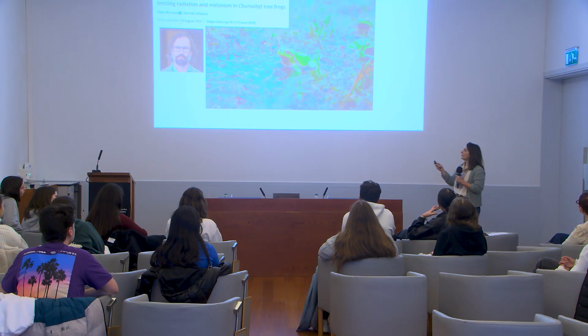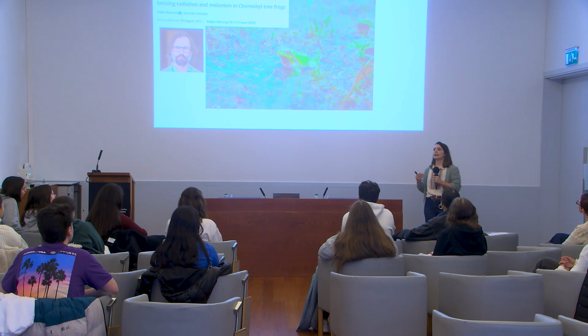So what Germán and his colleagues have seen is that in the areas close to the reactor that exploded, where there's radiation, they found individuals of this species that are darker. They're not green, they're dark, they're even black. And why are they black? Well, they're black because they have a pigment called melanin, which is the same pigment that we have in our skins.